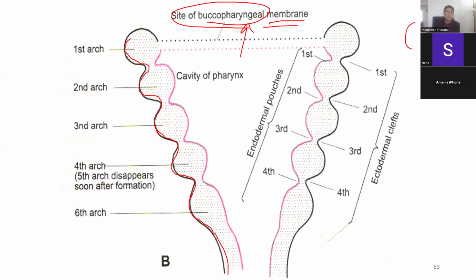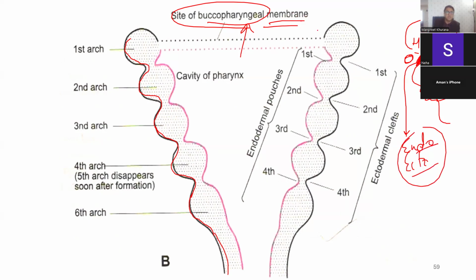If you remember this structure, there was a head fold, then there was a tail fold here, and there the foregut, the pharyngeal arches were developed. There was a membrane here, which I told you divides the stomatodeum and the foregut. So this membrane was formed from ecto and endo. There was no mesoderm in that, right?